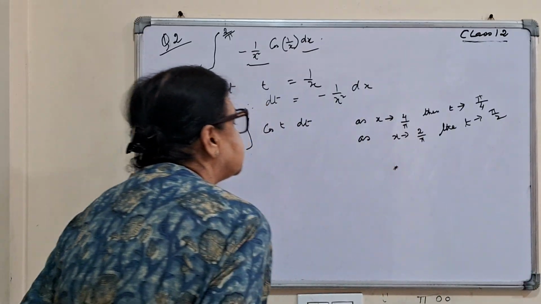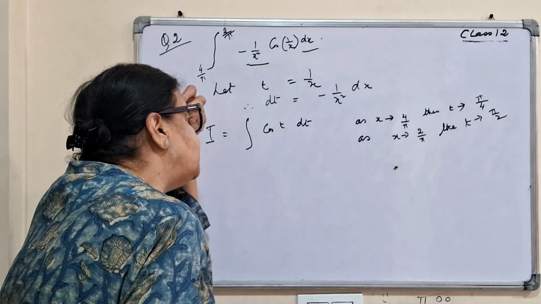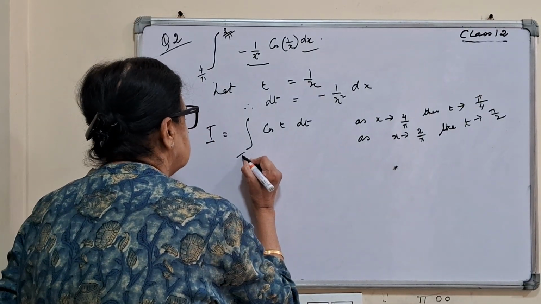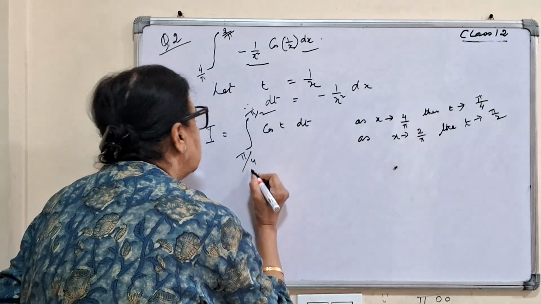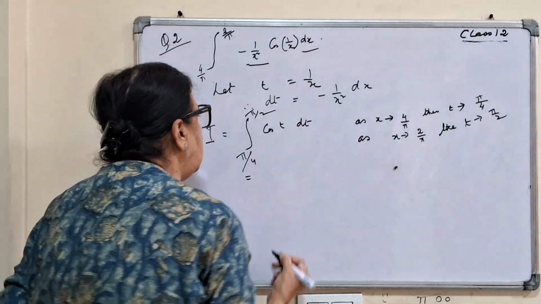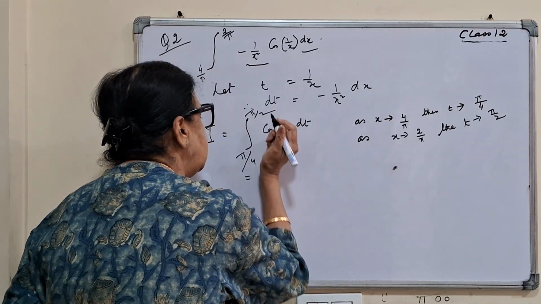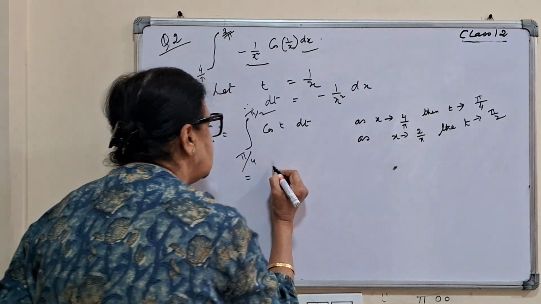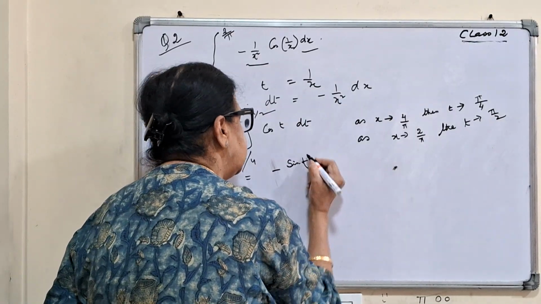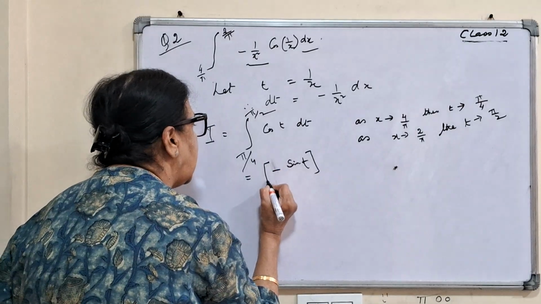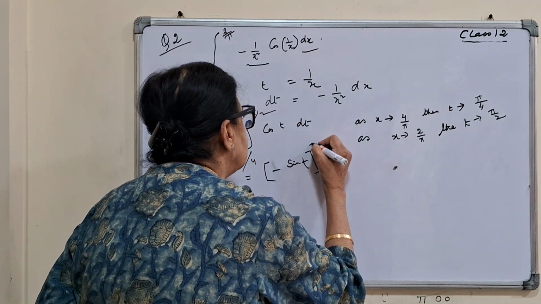My limits are changed. So this is pi by 4 and pi by 2. The integral of cos t is sin t, with limits pi by 4 and pi by 2.